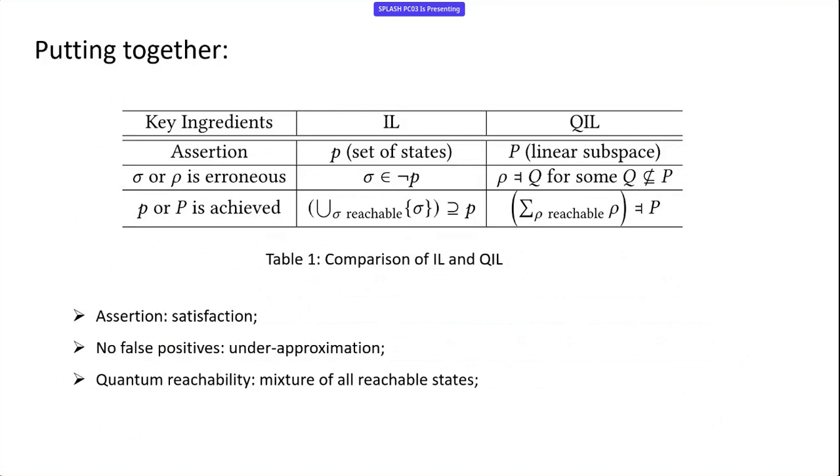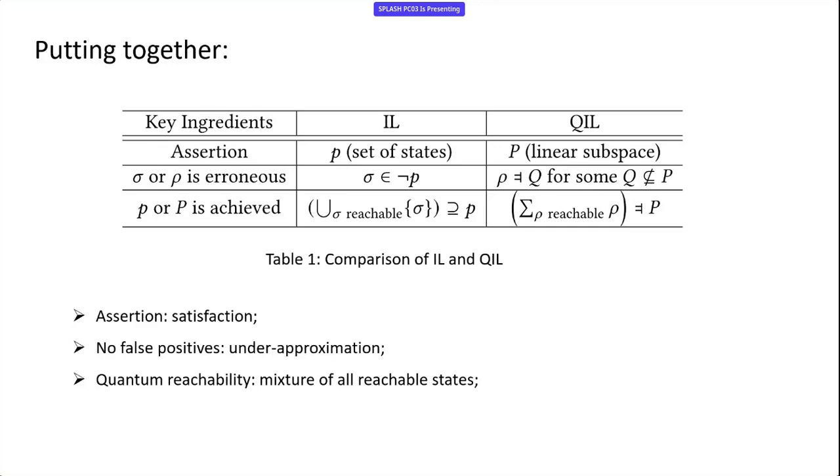In incorrectness logic, if sigma doesn't pass the assertion, we say sigma is an element of the negation of P. In the quantum case, we say rho is under-approximated by Q for some Q not included in P. Similarly, when we say a predicate is achieved in the classical setting, the set of all reachable states should include P, and in the quantum setting, we say the mixture of all possible outputs is under-approximated by P.